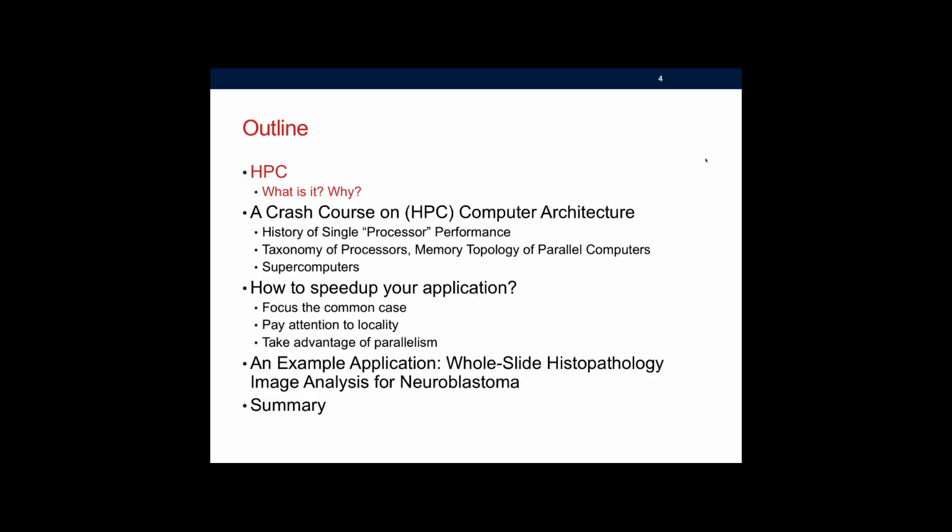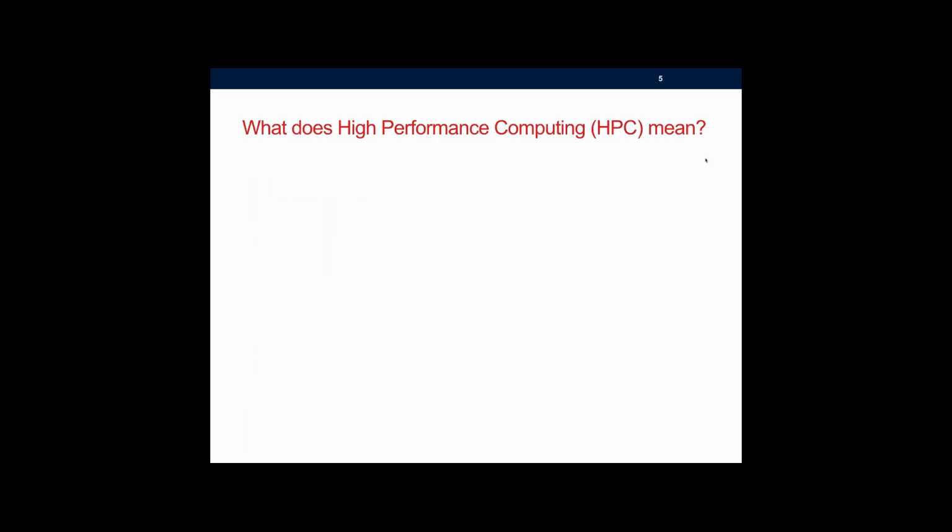Then I will focus on three, I will say, golden rules for making your application faster on high-performance computing environment or today's computing environment. And I will give some simple examples there, and I will finish up with one application that shows many of those techniques combined.